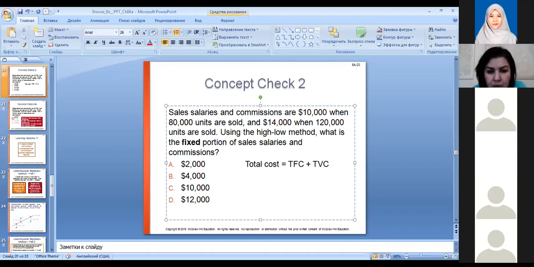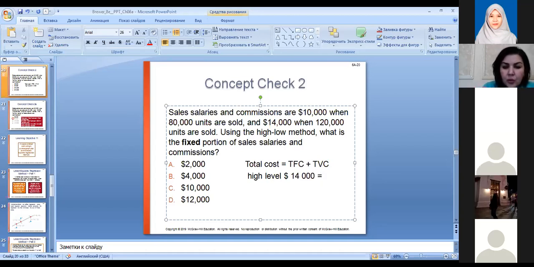Having our example, let's take the high level. What is the total cost for the high level? 14,000 total cost, right? So total cost we know.